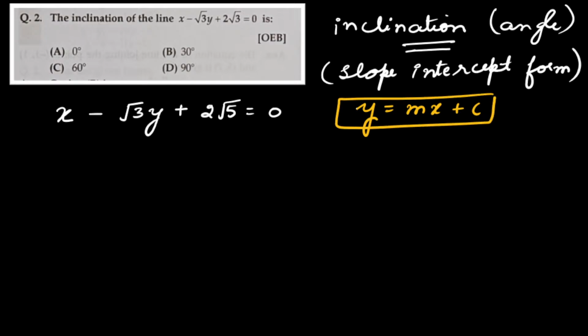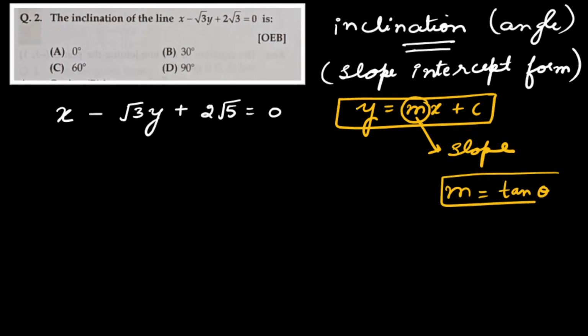We will convert the given equation into this form, and then m is there. We'll find m. m is the slope. We'll use this formula: m is equal to tan theta, because in this formula the angle is there, then we can find the angle.